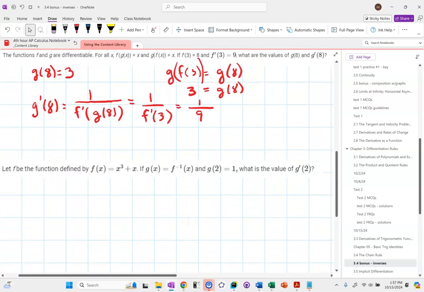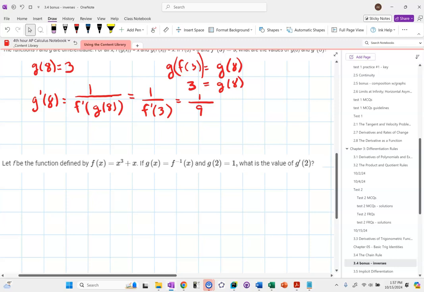Okay, let's do another. Let f be the function defined by f of x equals yada, yada, yada. If g of x is equal to f inverse and g of 2 is equal to 1, what is the value of g prime of 2? Well, I know that 2 is equal to f of 1. Right, I can write that down right away.